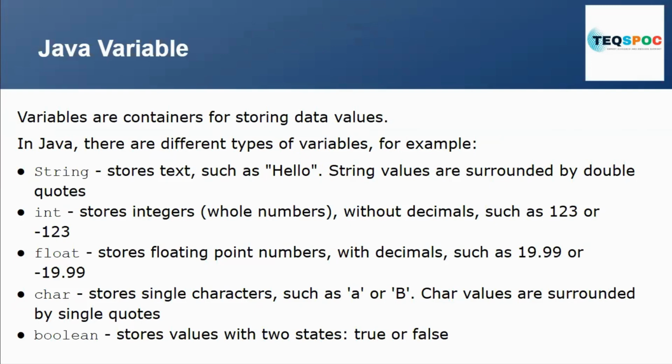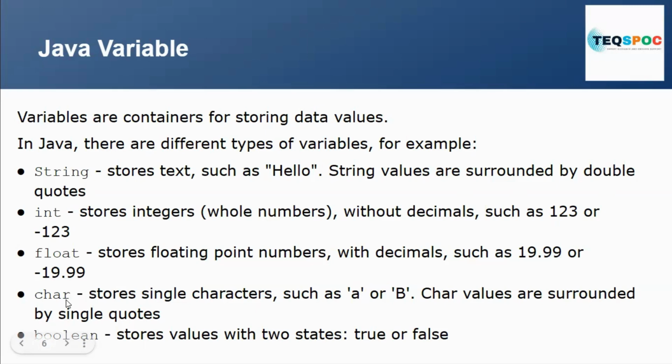Numbers can be integers, positive or negative, like 123 to minus 123. A floating point number has a decimal value, positive or negative.